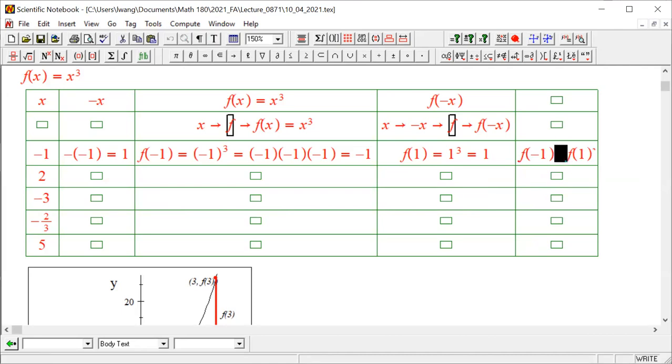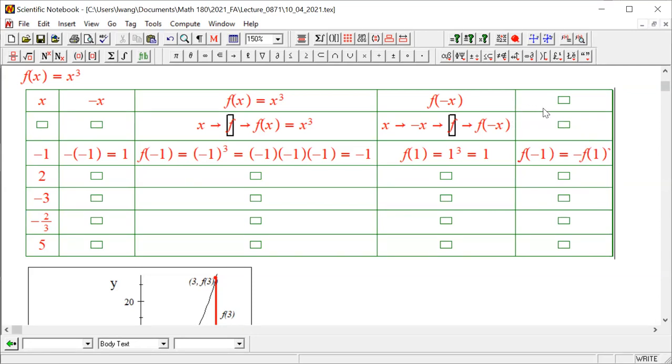So if we put a negative sign in front of one of the outputs, we get the other. That's how we express that fact. Don't you think that's pretty neat? Agree? That's what you have just observed.